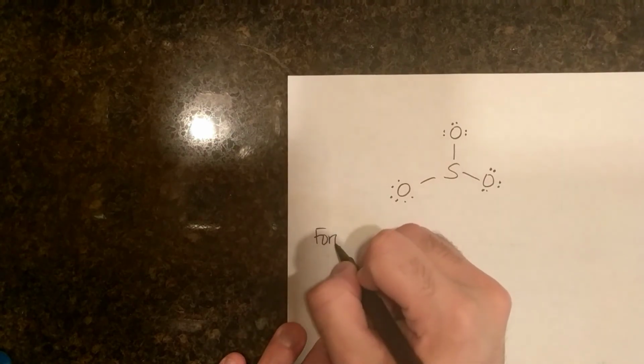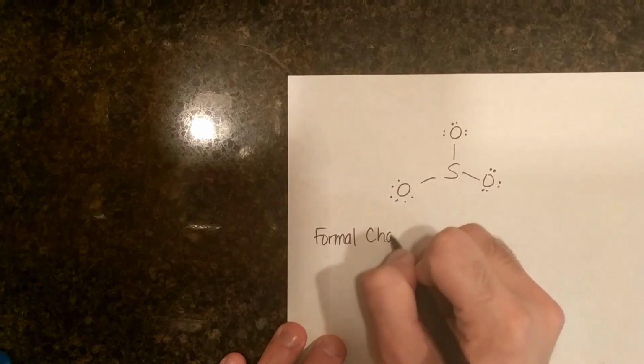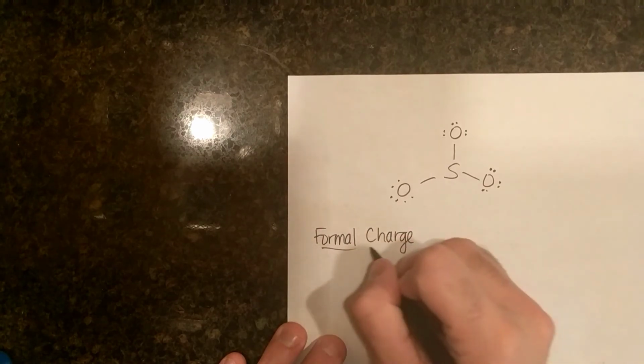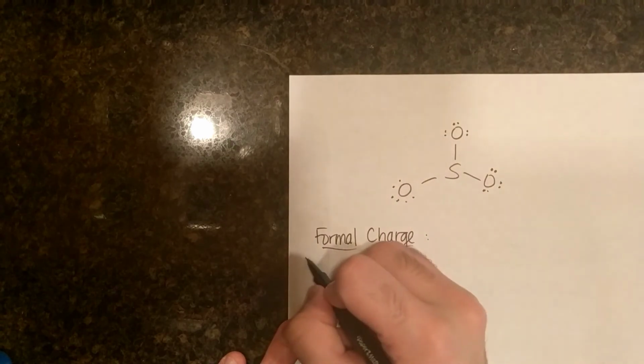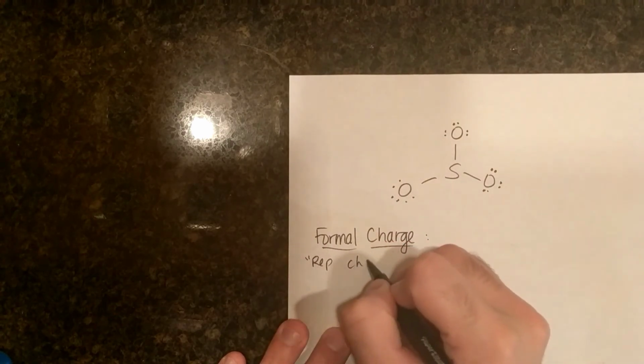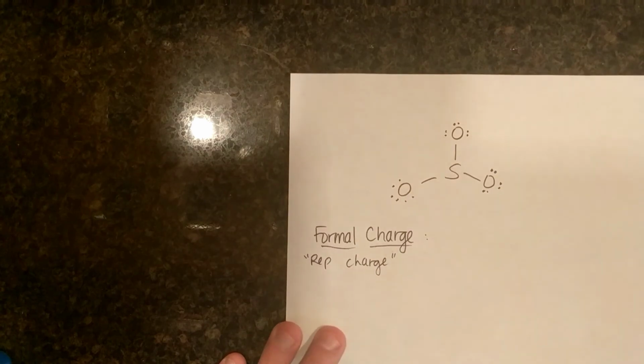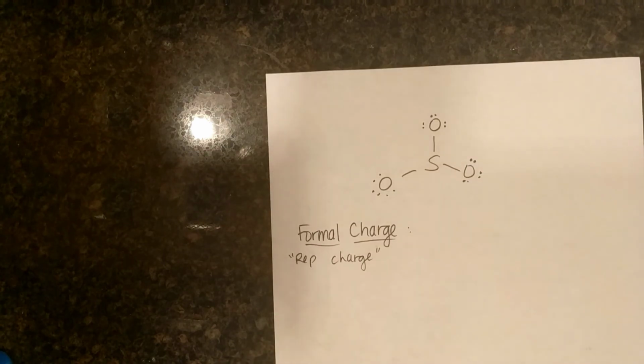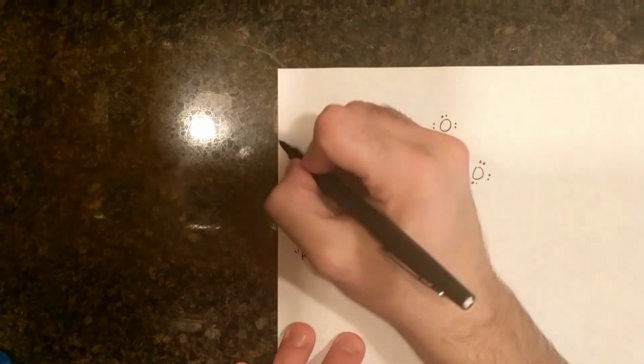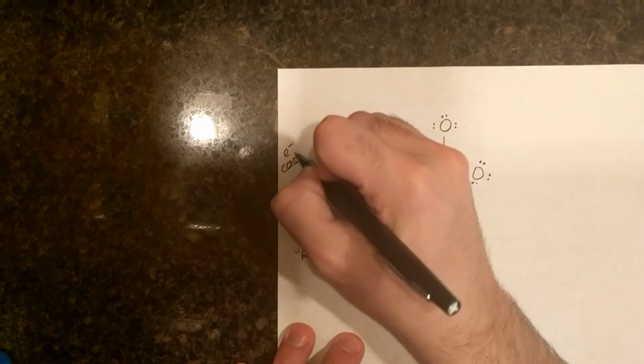So the formal charge tells me it's kind of a representative charge, a rep charge. And it tells me that atoms can have a momentary charge at any point because electrons are constantly moving. Electrons constantly move.